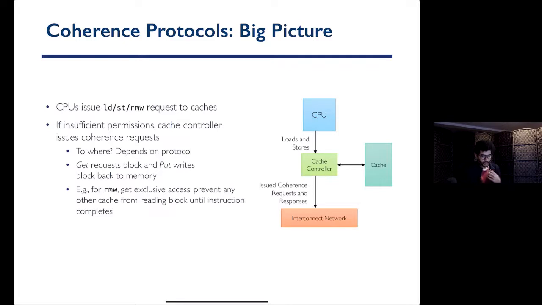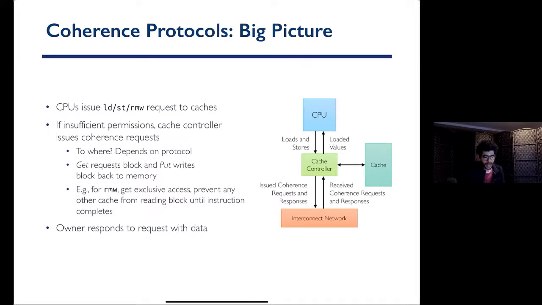Then cache coherency is going to respond with the data, and then your cache controller is going to give the data to the CPU.